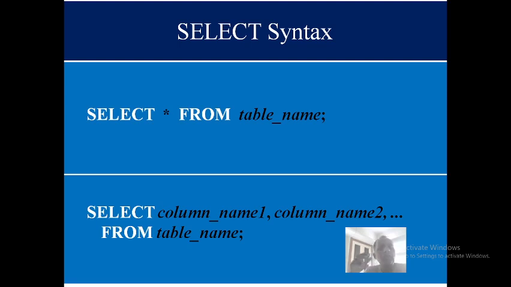Okay, if you specify the names of the columns and select column names, okay, which are the columns you need, okay, list it, and those columns are separated by comma, and from which table, the table name. If you give like this, so it will give you the list of values of the particular table. Is it clear now? We'll see it practically.